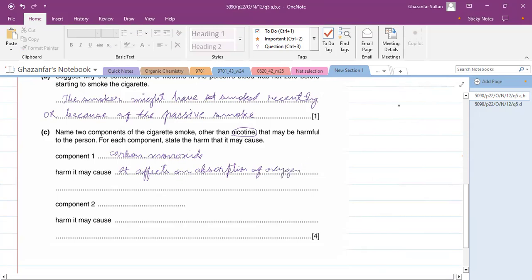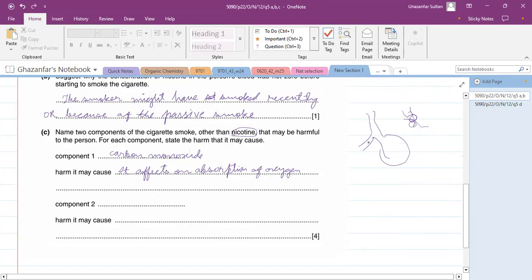Remember that when we respire, we inhale the whole air. In the lungs there are alveoli which are supplied with blood capillaries, and in the blood hemoglobin is there that absorbs oxygen.